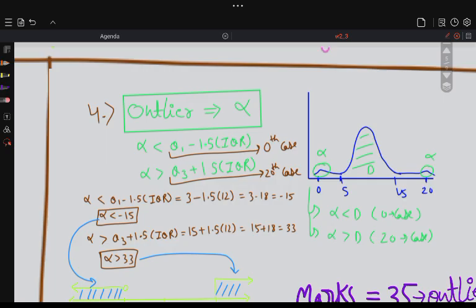But the majority of the class scored between 40 and 60, right? 40 to 60 was the major cluster of the class. But there are two people who scored 100, and one person who scored 0. They are generally very far from the main cluster of the data, so they will be known as the outliers of the data.